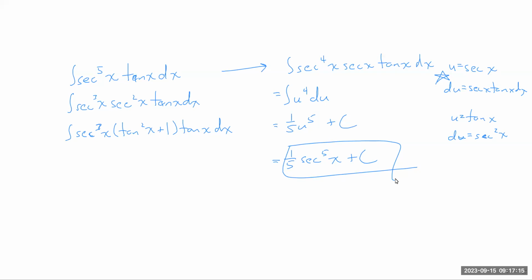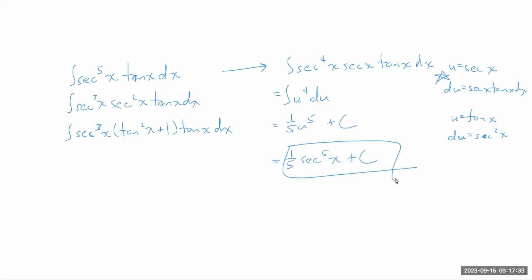Any more questions here? So you would recommend, when it's an odd power of a trigonometric function, like secant, to use that as u? If it works.